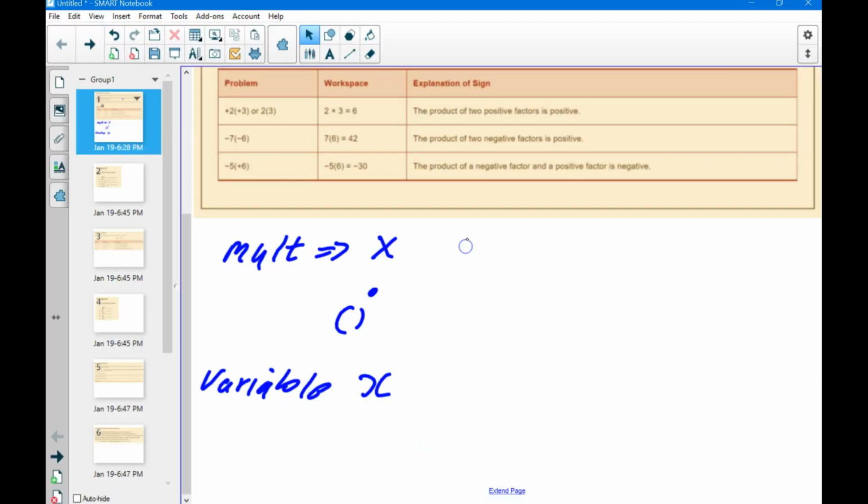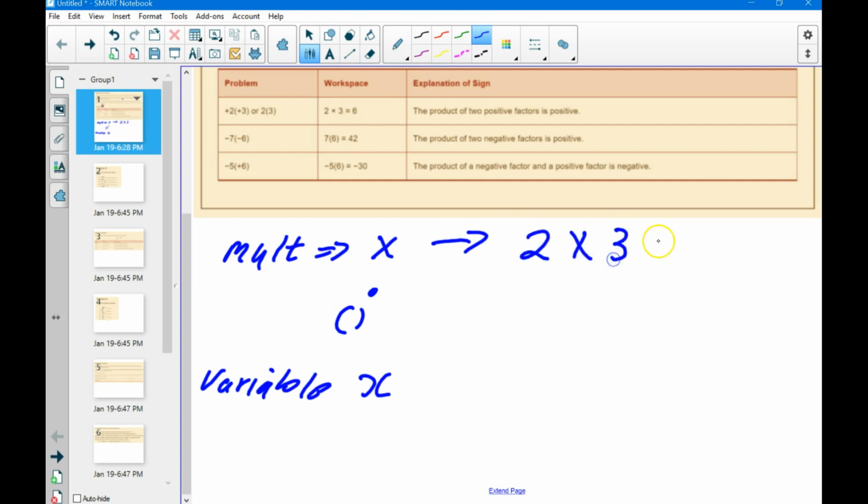Using the X format, it can be written like this: 2 times 3 equals 6. Using the dot format, it can be written as 2 dot 3, and gives you 6.